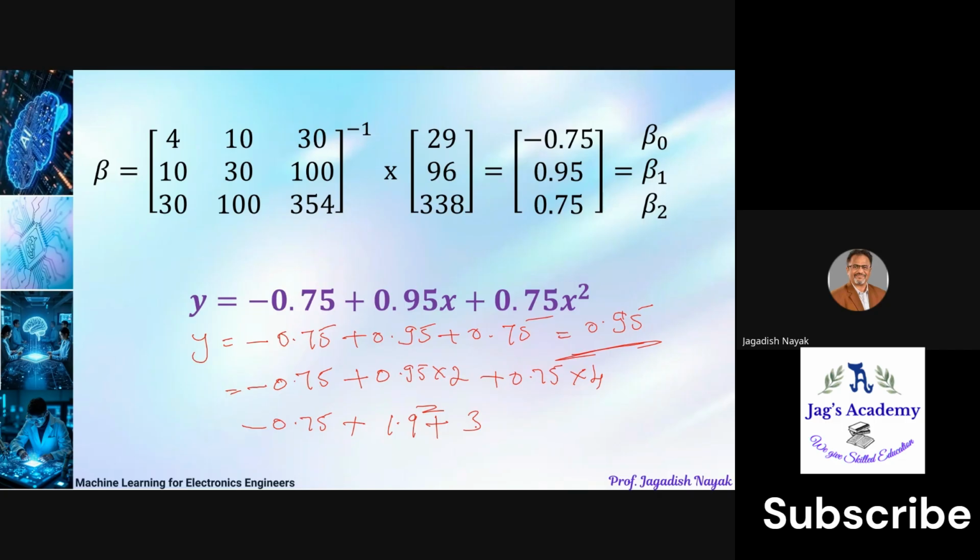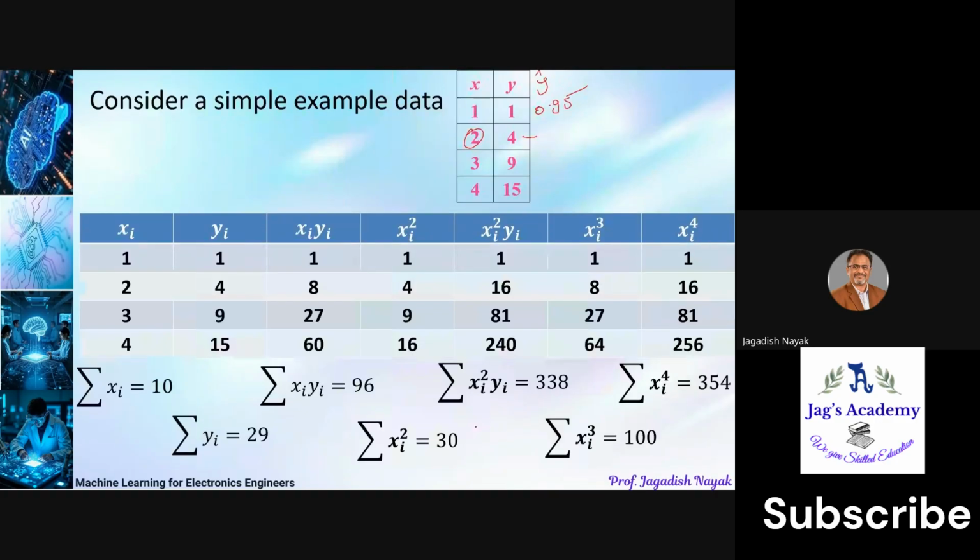So this will be equal to 3 plus 1.9 minus 0.75, which is coming to around 4.15. See how well the model is fitting. It's almost near, so the error will be less.